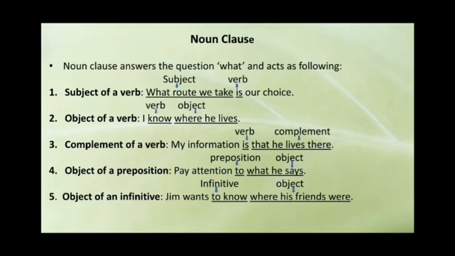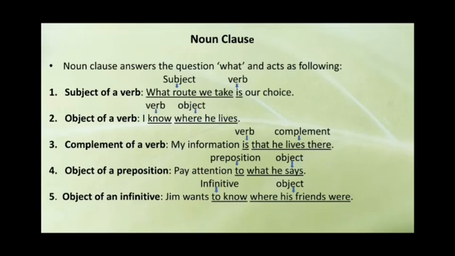And the complement, that is the direct object of is, is that he lives there. So this direct object is directly connected to the verb is. That is why this clause is the complement of a verb. It is an indirect object of the verb.